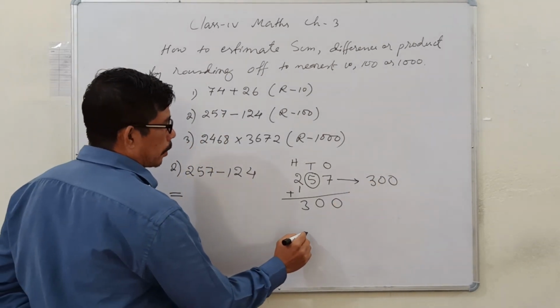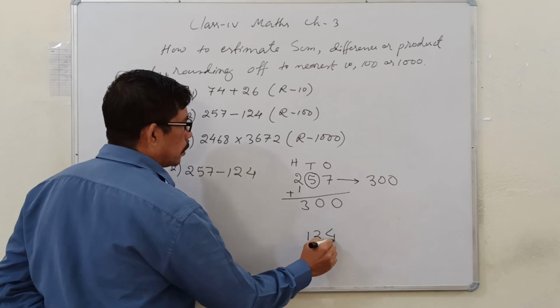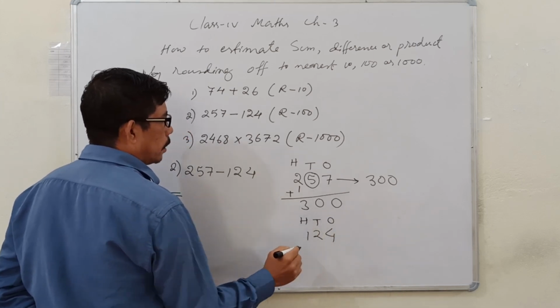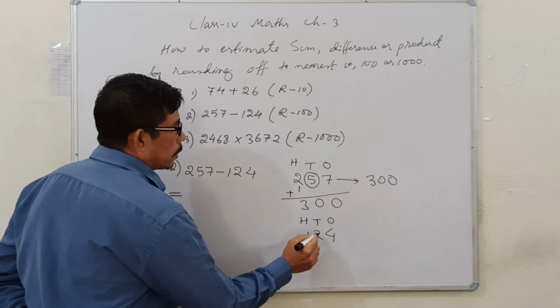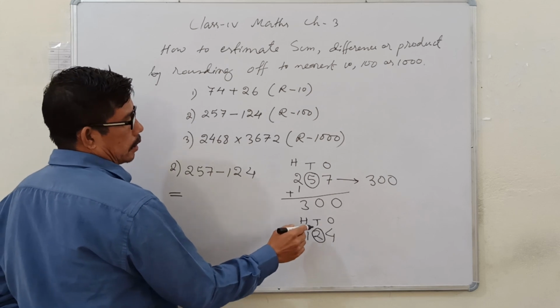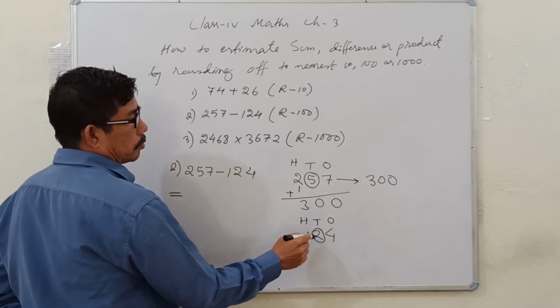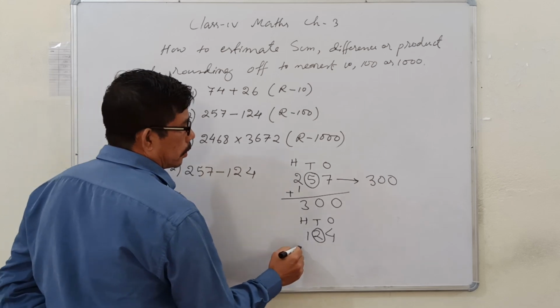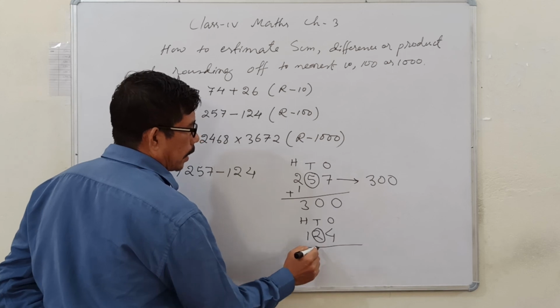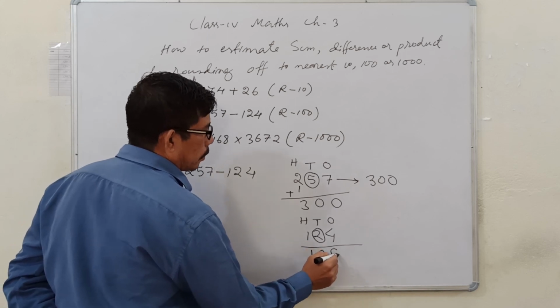Then come to the second number. 1's, 10's, 100's. Here also, we will examine the digit in the 10's place. The digit in 10's place is 2. 2 is less than 5. So, nothing will be added here. So, 1 as it is, bring down, and others replaced by 0, 0.